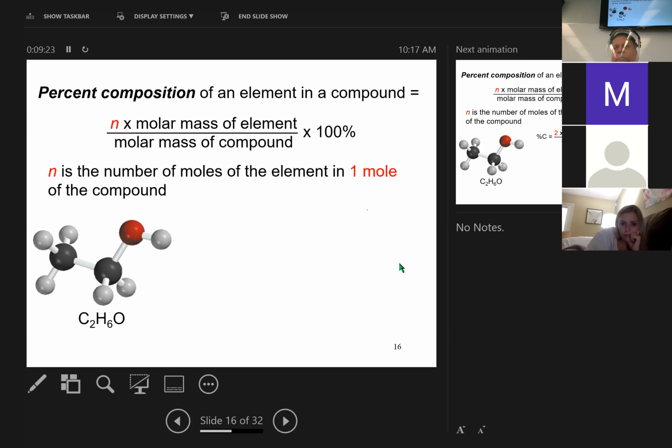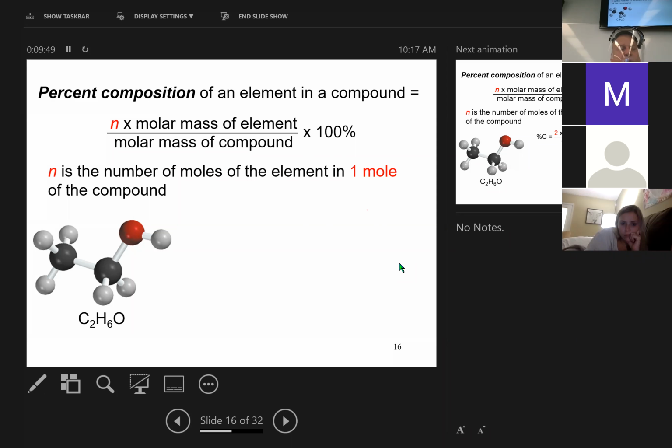C2H6O. Now this percent composition stuff will not be on the exam, okay? But the molar masses will, like we did in the calculations, okay? This is why it's a kind of fungible thing between them. Okay, so basically, how many carbons are here?